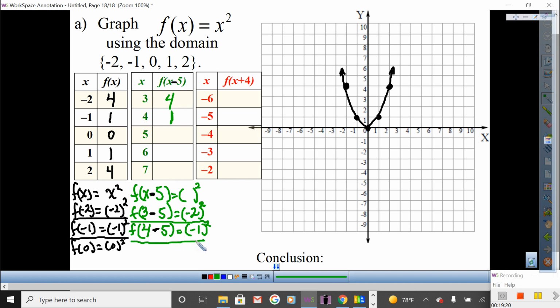Good. Notice I've been putting the negative in black because that's part of the formula that I'm about to give you in a little bit, so you can see the parameter. What's my next value? 5. What is 5 minus 5? Which is 0. Finish with the last two, please.